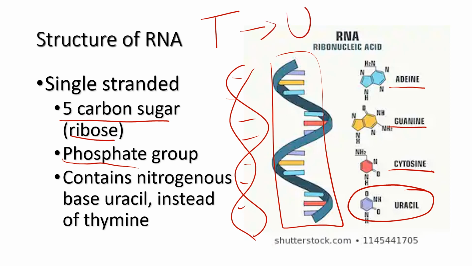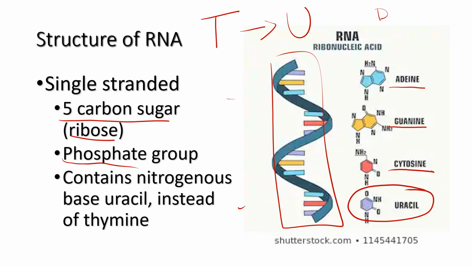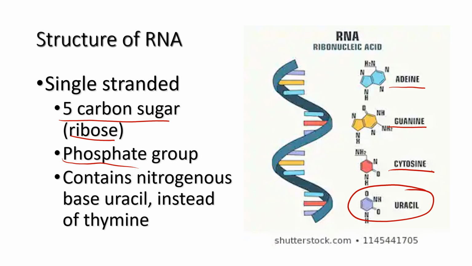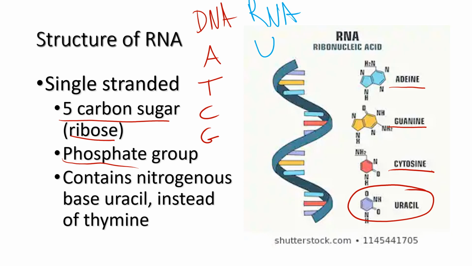So when we're doing our practice of coding DNA to RNA, when we're actually doing our transcription practice, anytime you see an A, it's going to pair up with a U. So if this is our DNA, if you see on this side, on our DNA, if it's A, T, C, G, for RNA, A would normally pair up with T, but because it's RNA, it's going to pair up with U. T pairs up with A, because we still have an A over here in RNA.